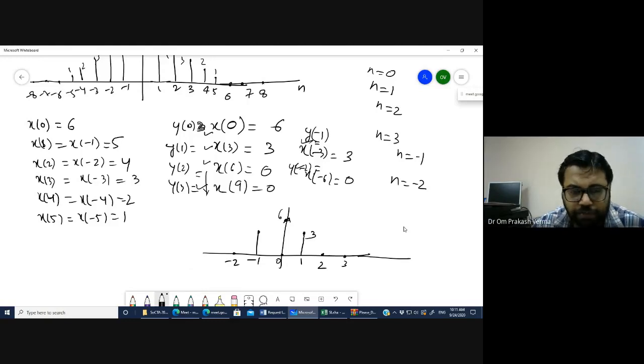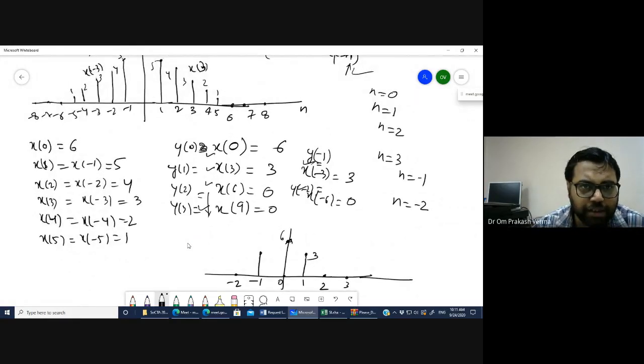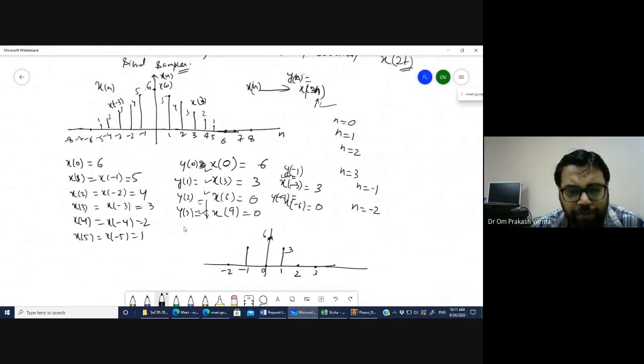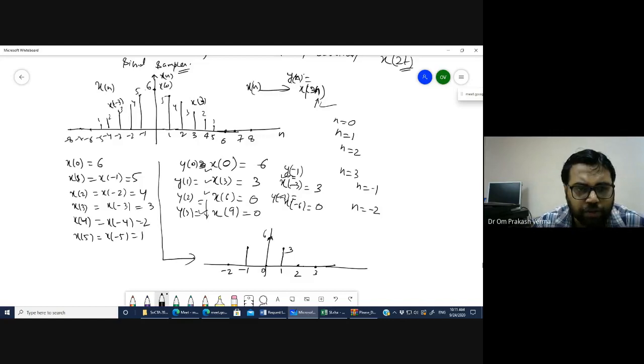So the signal is decimated. You can see, let's say, I'm shrinking the screen, I'm also decimating the screen. When you see this, we can compare the signal from this to this.